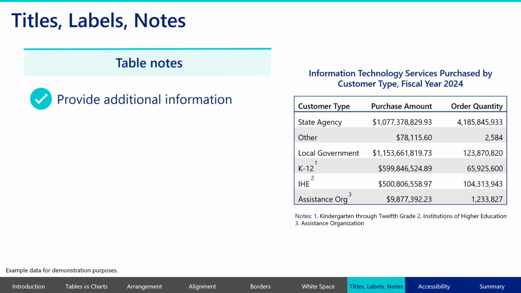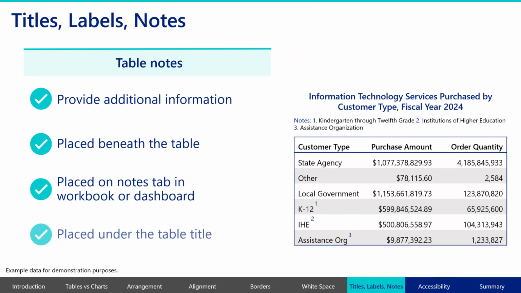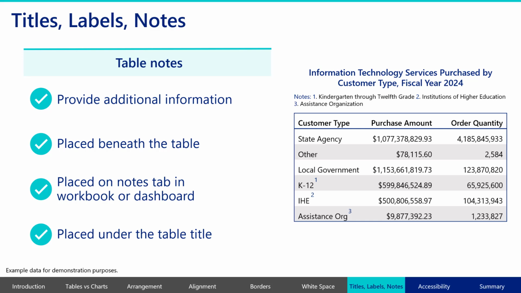Notes provide additional information and context to help your audience interpret the data correctly. Notes can be placed directly beneath the table, on a separate tab of your workbook or dashboard, or even directly under the table title.